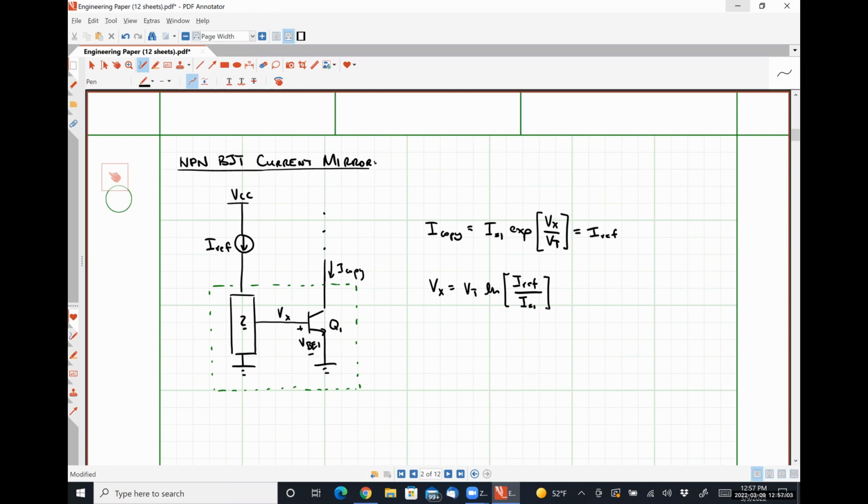What circuit or circuit elements or whatever gives us this relationship? Another BJT. But specifically, a BJT that is diode connected. Okay.